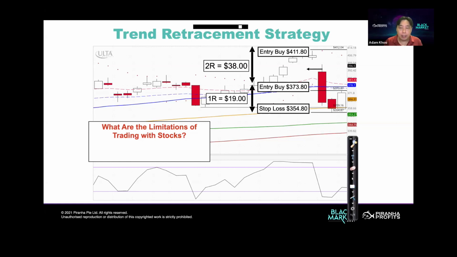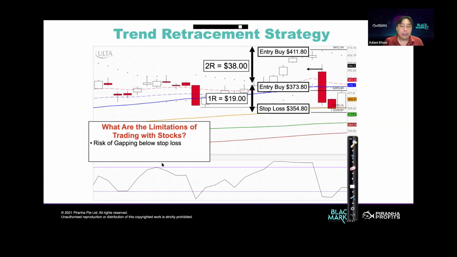Because in the previous example, we had to buy $3,700 worth of shares to make $380, correct? So we had to come up with a lot of capital in order to make that $380. So that's the problem with trading stocks. You need more capital, okay?